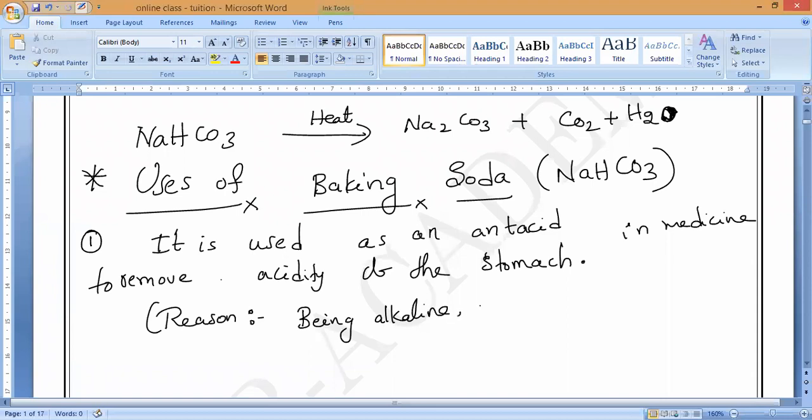Being alkaline, it reacts and neutralizes the excess acid present in the stomach and relieves indigestion. Do you understand it?